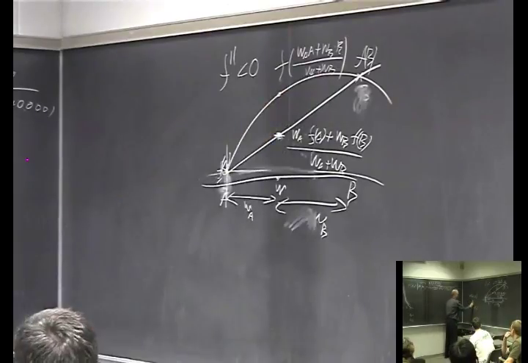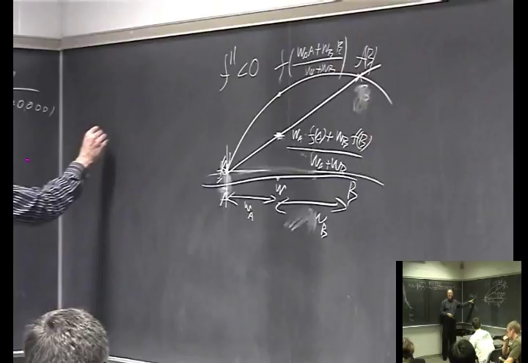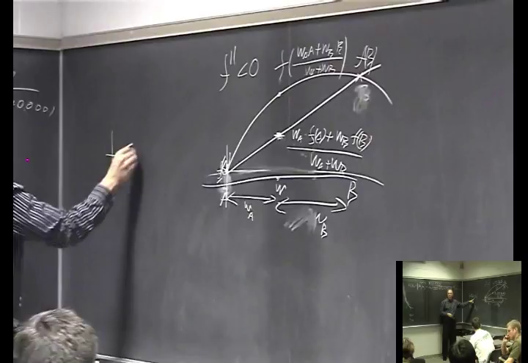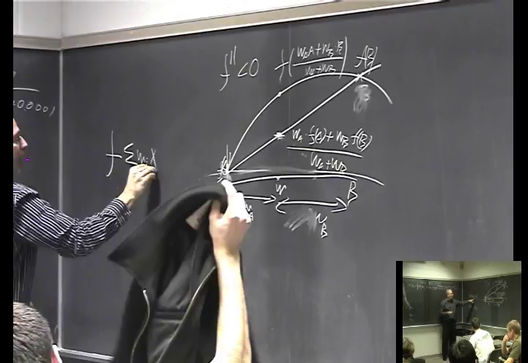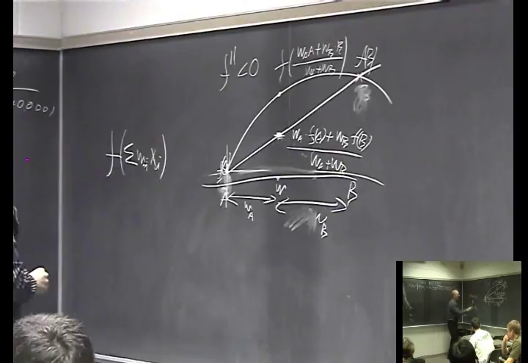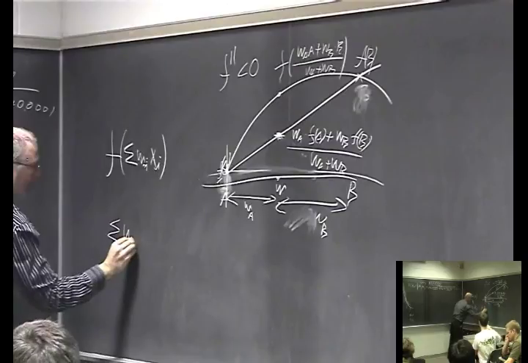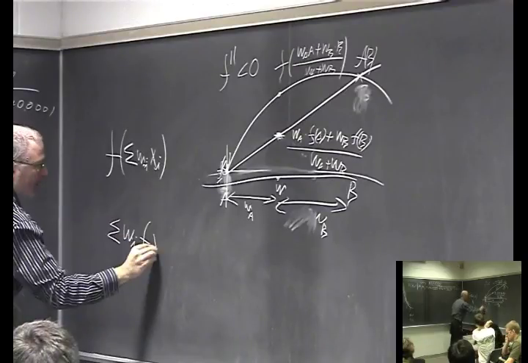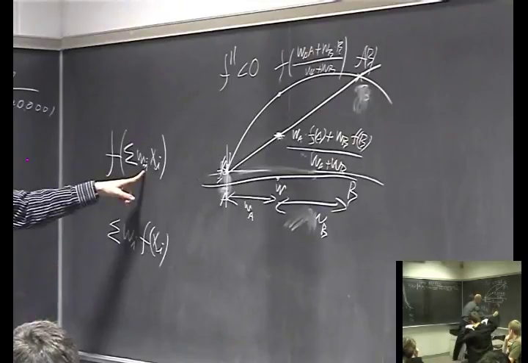Now, it's a small step from this to say if the Wi's sum to 1, it's like expectation. You can think of expectation as a sum, sometimes an infinite sum. So this becomes f of the expectation of x compared to the expectation of f of x.